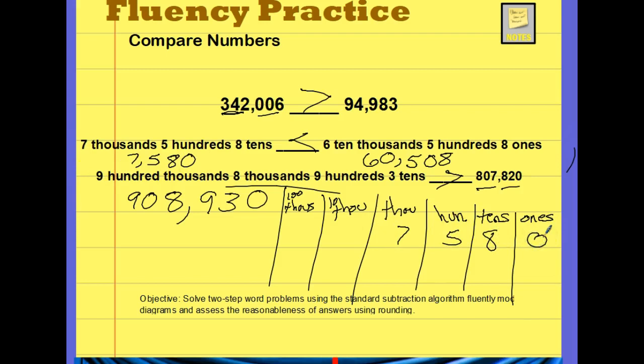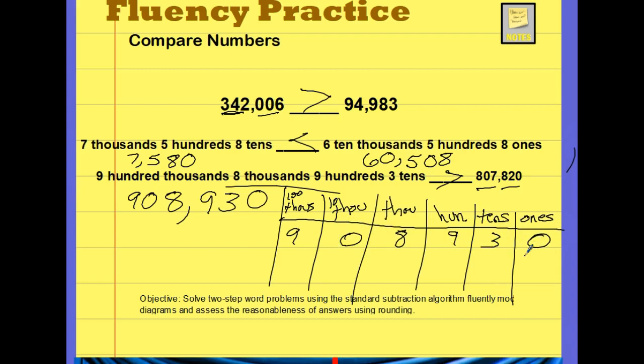Fill in the holes with 0. 6 10,000s, 5 hundreds, 8 ones, and then fill in the holes with zeros. Alright, and then the other one works exactly the same way, just different numbers and different place values. So we have 900,000, so that's 9 there, 8,000s, 9 hundreds, 3 tens. Put a 0 there. And then that's how that works.